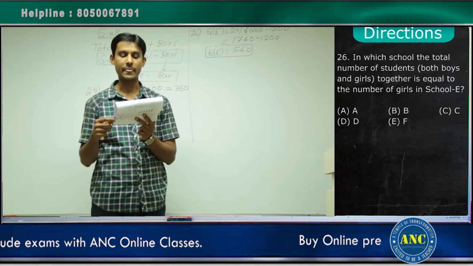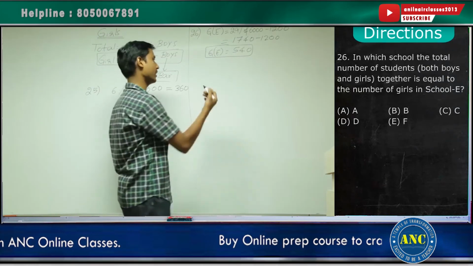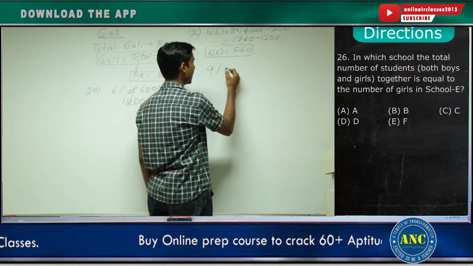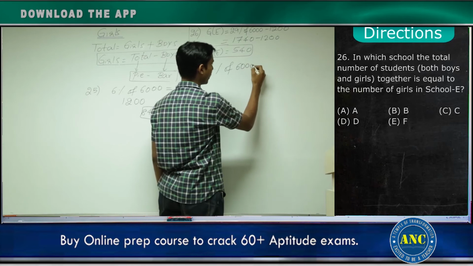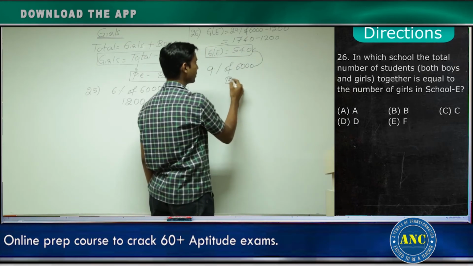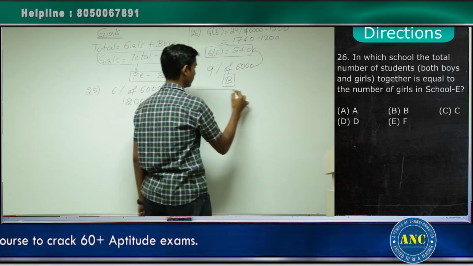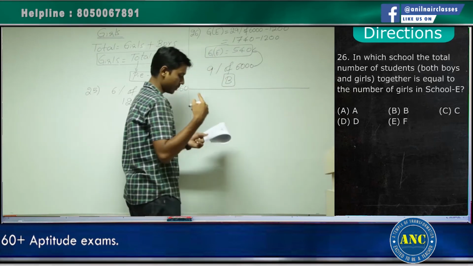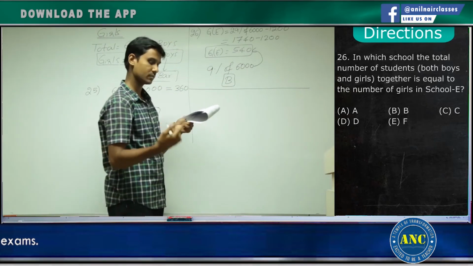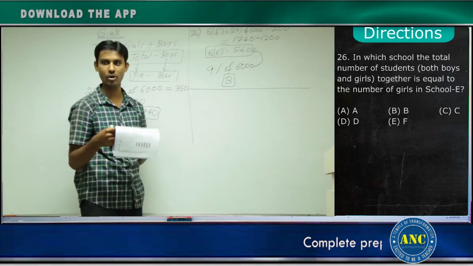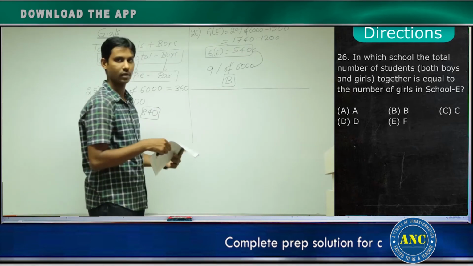Second, school B is 9% of 6000. What is 9% of 6000? It is nothing but 540 itself. That means the answer for this question is school B. It is actually option B only, right? Option B is nothing but school B.